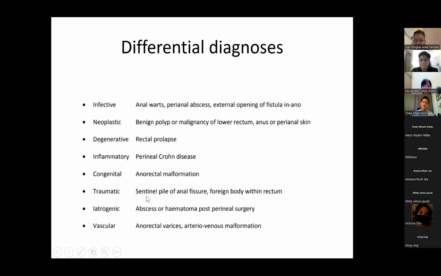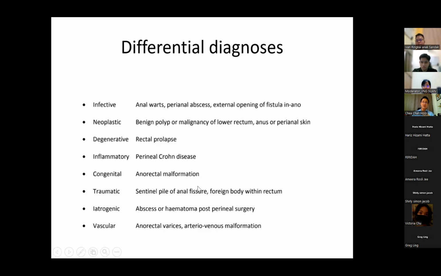Whether it is because of passing hard stools, or because of some foreign body inserted into the rectum. So always keep that in mind. Again, history taking is very important in this sense, and also a physical examination. If you've seen a sentinel pile, then you'll understand what it is. It looks like just a skin tag hanging out from the anus.